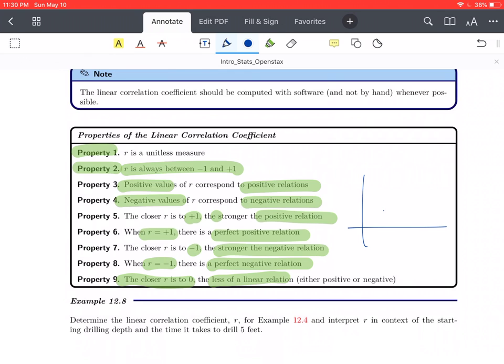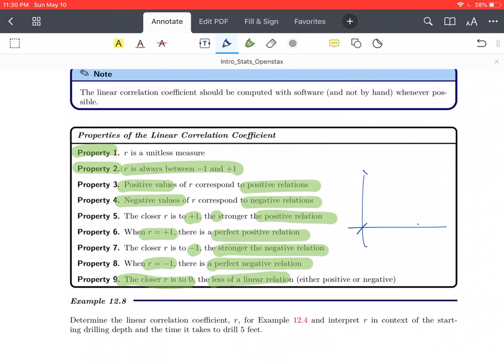So, this data set here, right, this would have a positive relationship, probably very close to 1 in that relationship. Whereas if I drew something like this, that would have a very strong negative relationship. So that would have a value pretty close to -1.